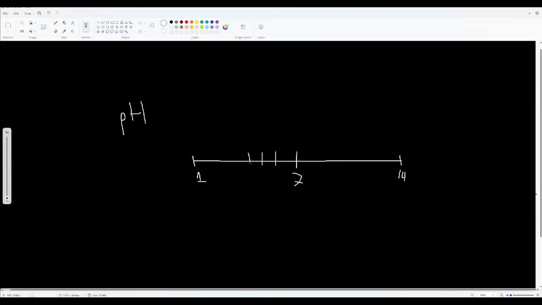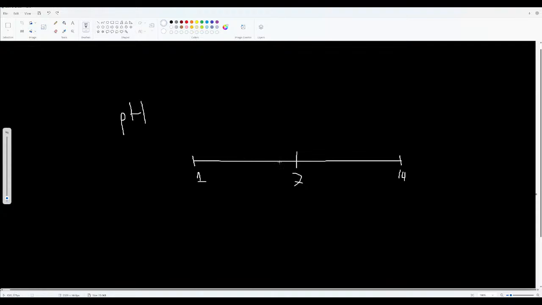And once we go down, 7, 6, 5, 4, 3, 2, and 1, we're going down on an exponential scale, right? So 6 is 10 times more acidic than 7, and 5 is 100 times more acidic than 7, and 4 is 10 times more acidic than 5, etc. So you don't really need to know that.